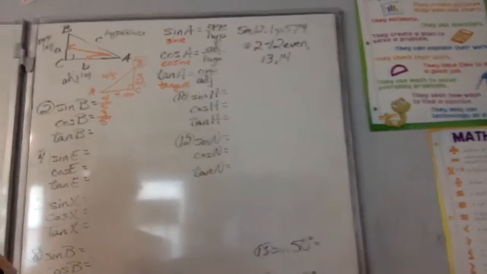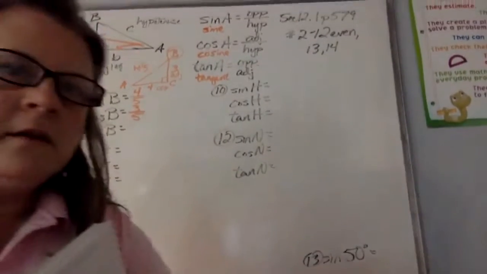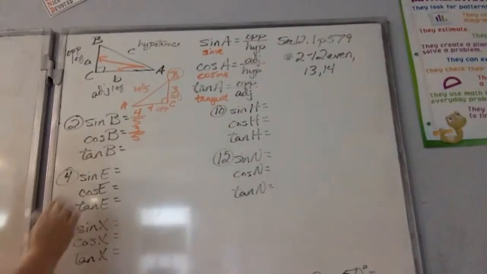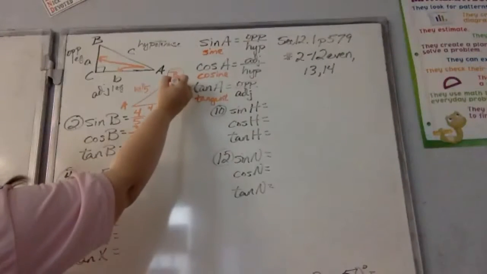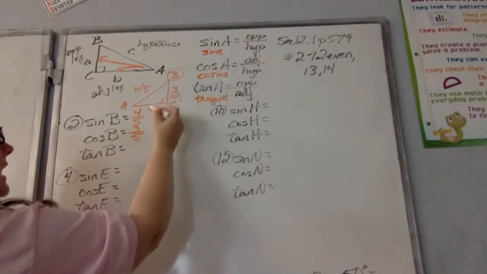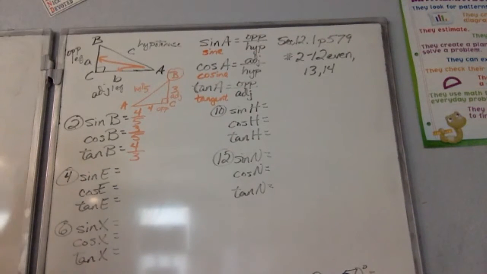You're just writing the ratios, okay? For tangent of B, tangent says opposite over adjacent. The side opposite was the 4, the side adjacent was the 3, so it's 4/3. And that's it. You look at the picture, you write the ratios. Okay, pretty easy.